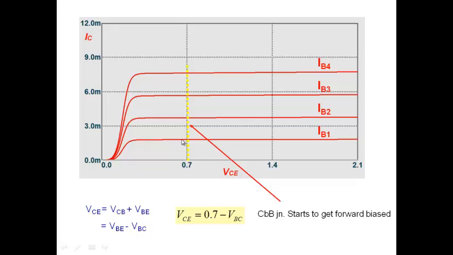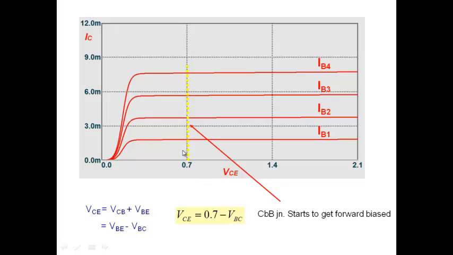But note, the effect of saturation is not felt until you bring this voltage down to somewhere close to about 0.2 or so. Then only you begin to see the effects of saturation. As you go to the left, the base collector junction is getting more and more forward biased. For example, at 0.6 here, the base collector voltage is 0.1. 0.1 is a very small voltage, and therefore the forward biasing of the base collector junction doesn't have any effect.